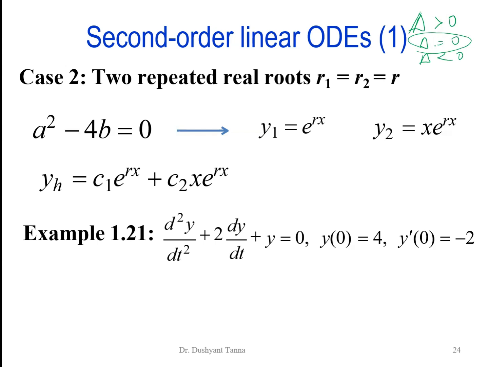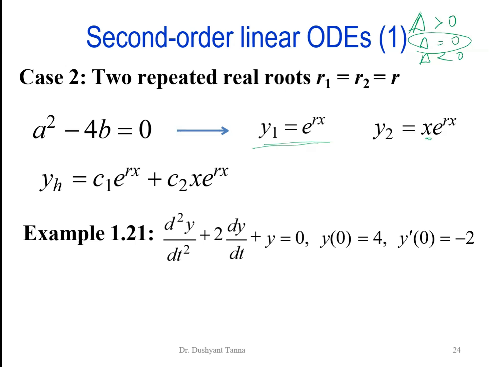So if r1 and r2 are the same, then you can no longer use the same y. You need some multiple just to make it different. Otherwise, they are linearly dependent, and a linearly dependent solution doesn't work. Then you're talking about a solution of a first order, not of a second order, as explained a bit earlier.